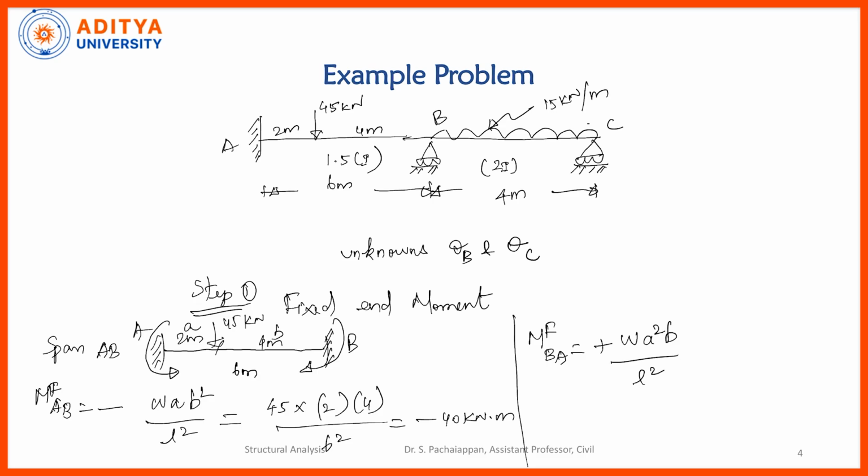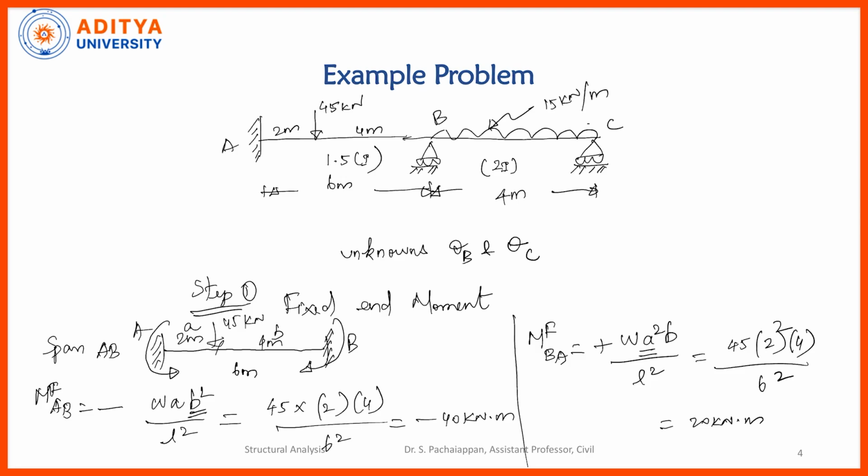Here the square term will come for a and previously the square term came for b. That is the difference. W is the same, which is 45, a is 2 and b is 4 meters, divided by 6 square. So I will be getting 20 kilonewton meter.